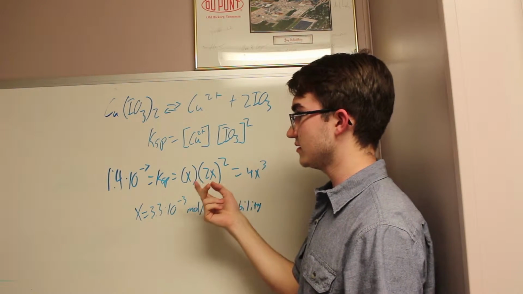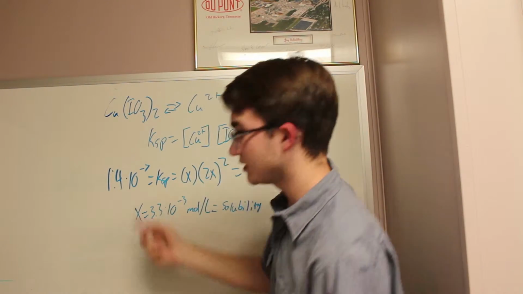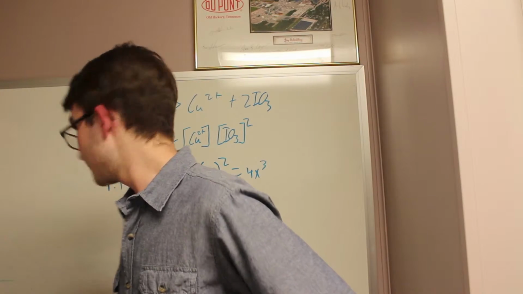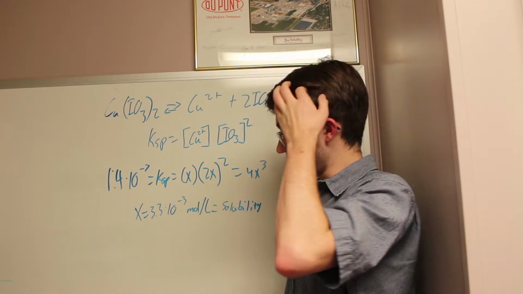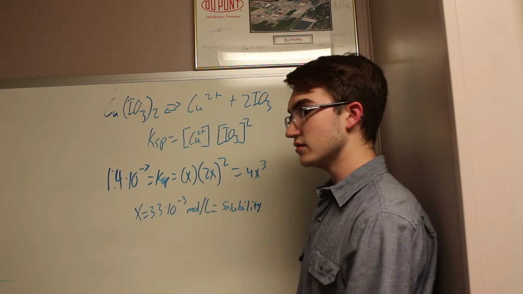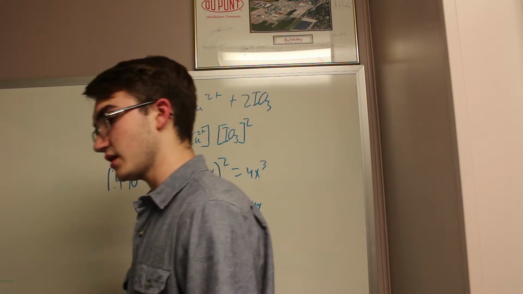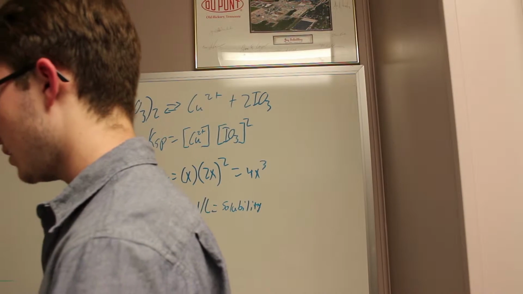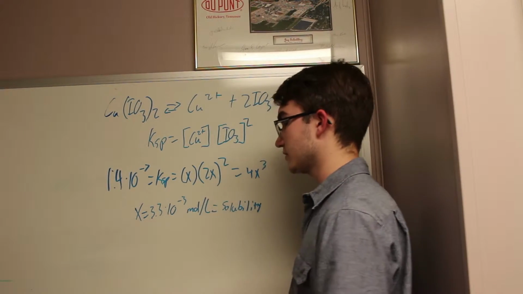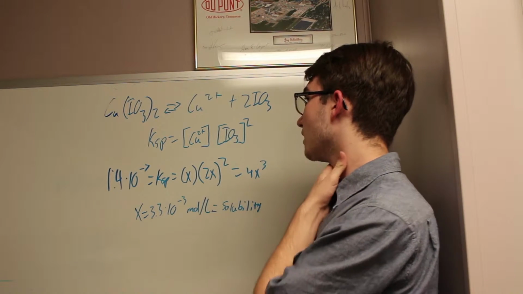And the KSP value is already given for this problem, which is 1.4 times 10 to the negative 7th. And we're trying to find the solubility of this CuIO3 at 25 degrees Celsius, so that's standard temperature and pressure, 1 atm.